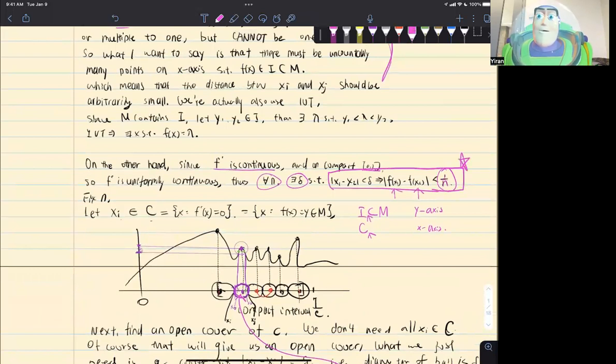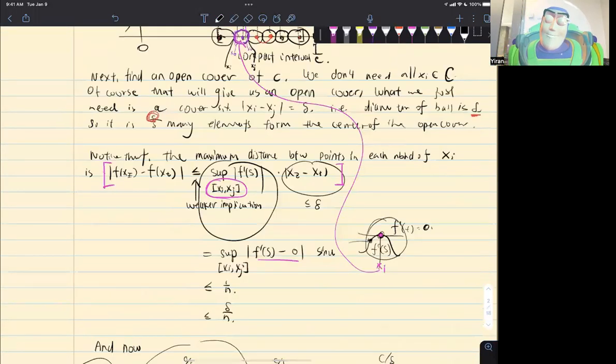So for any 2 points in a ball where each point is less than delta apart, the evaluation of f prime on those 2 points. Sorry, here I forgot prime. The evaluation of f prime on these 2 points can be no larger than 1 over n. Therefore, we already know one point is 0, right? And for another point in this ball, you evaluate the difference using the f prime function.